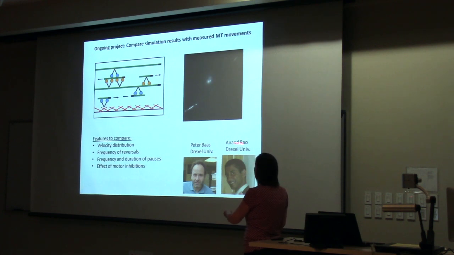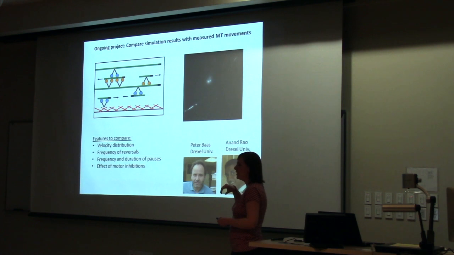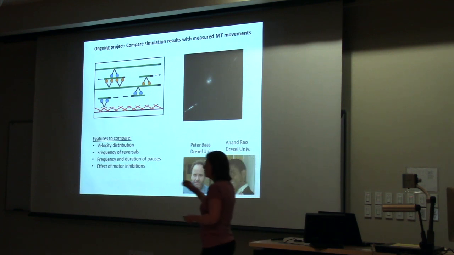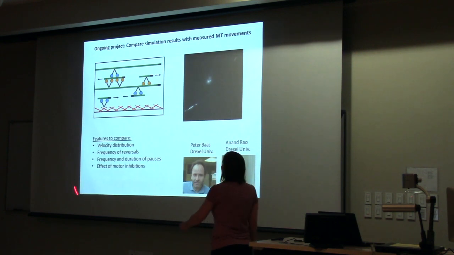So if their movies show us that the microtubule can change directions frequently, that tells us something about the underlying mechanism that would be different than if it always goes the same direction and very rarely reverses. We can also look at experiments where different motors are inhibited and see what happens in real life, what does the model predict.